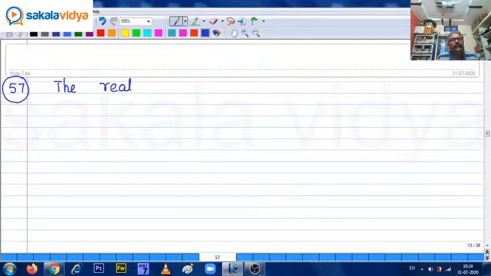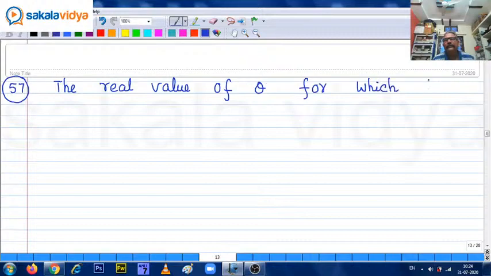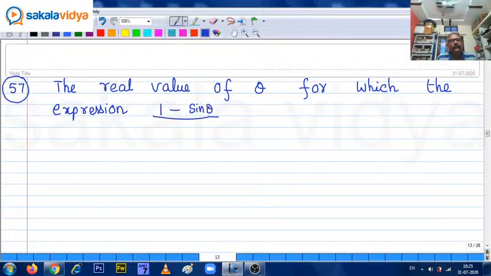The real value of theta for which the expression (1 minus sin theta) upon (1 plus 2i sin theta) is purely real.